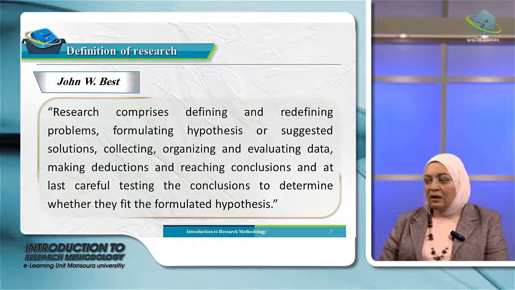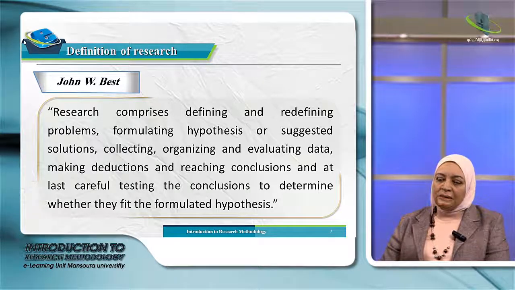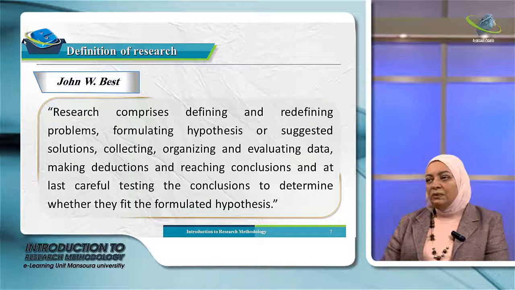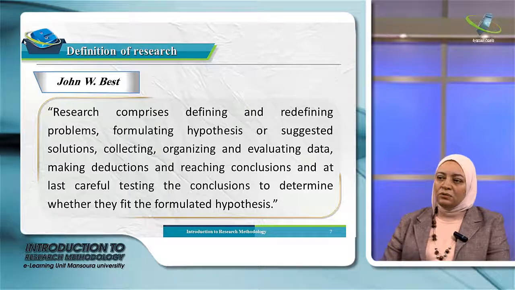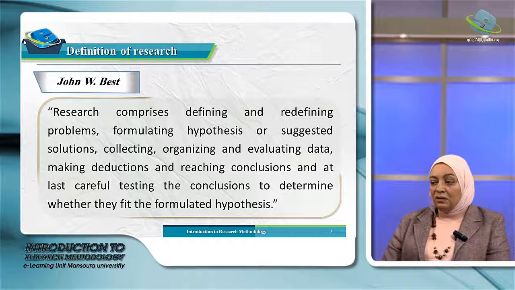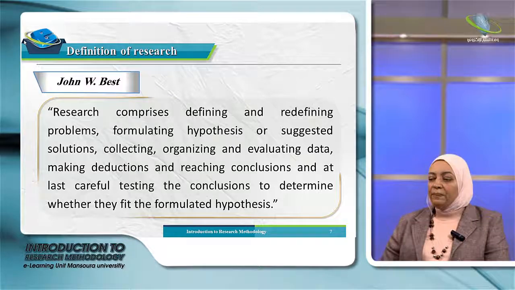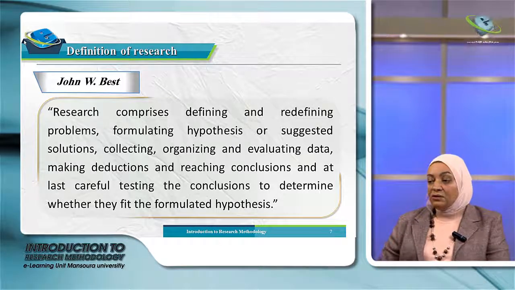Which means that if we have an increase in hospital-acquired infection in X hospital, this is a problem. Why did it happen? Maybe because healthcare professionals have poor knowledge about infection control measures and their practice was poor. Also, maybe they didn't comply with infection control measures. So this is a problem, and we suggest a solution, which is to conduct an educational program about infection control measures.